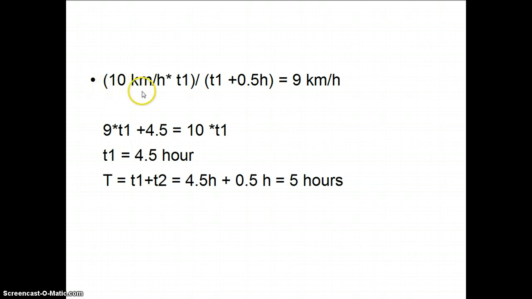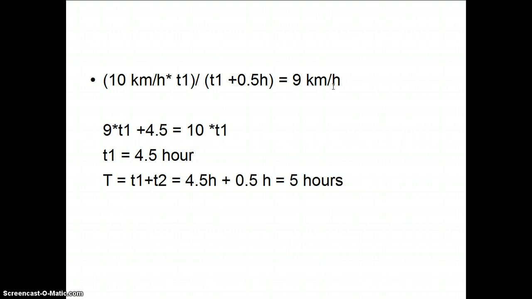Here, 10 kilometers an hour times T1, that is the total distance that we travel, and we divide that by the total time that it takes us to travel, T1 plus half an hour, and we know that this has to equal 9 kilometers an hour.